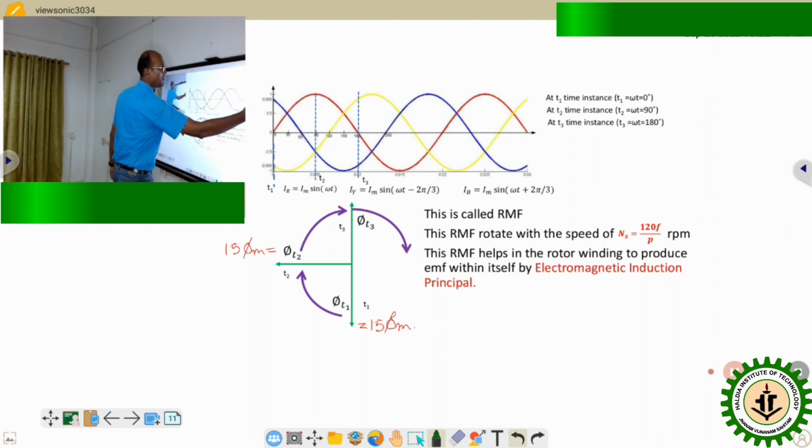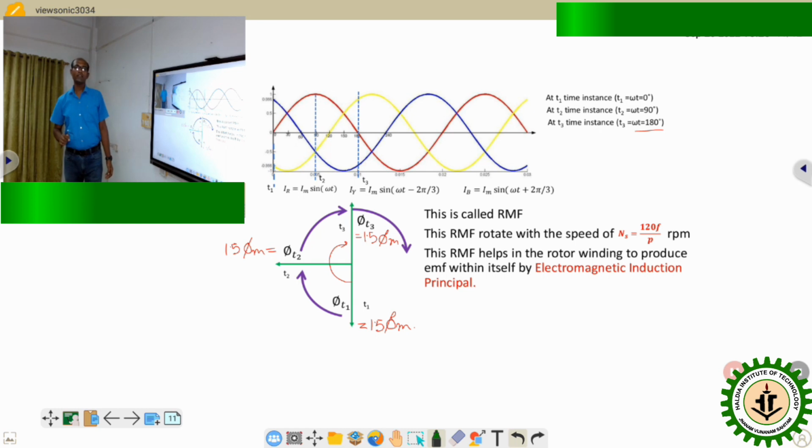And at the third time instant, 180 degrees later, again we get the magnitude of flux of 1.5 times phi m. That means at these three different time instances, 90 degrees apart, the magnitude of flux remains constant, whereas the direction of flux keeps changing.